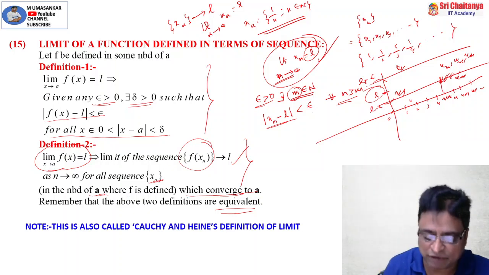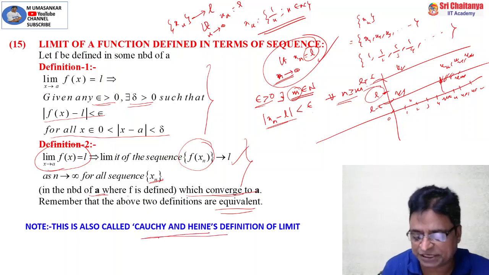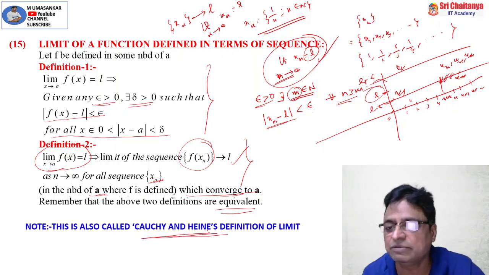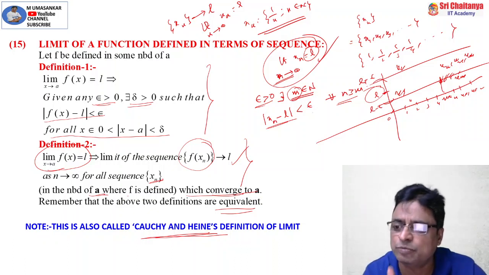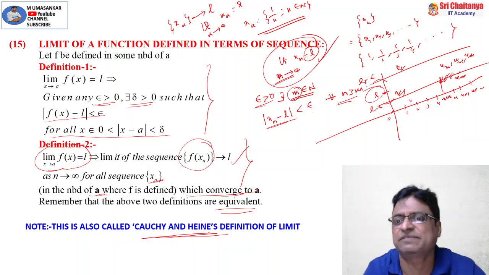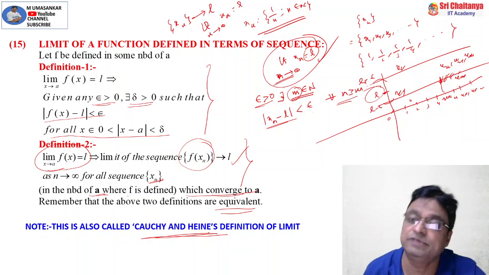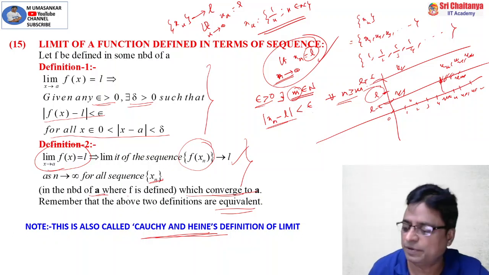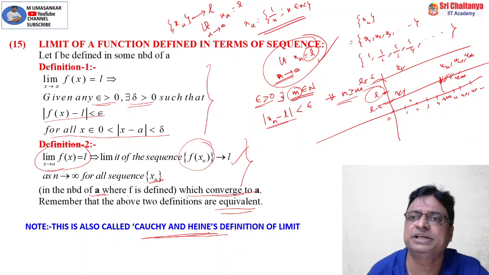This definition is called what? Cauchy and Heine's definition of the limit. I will give in the next lesson two conceptual, beautiful problems or applications of this Heine definition. You will enjoy. This is another beautiful theorem on definitions of limit.